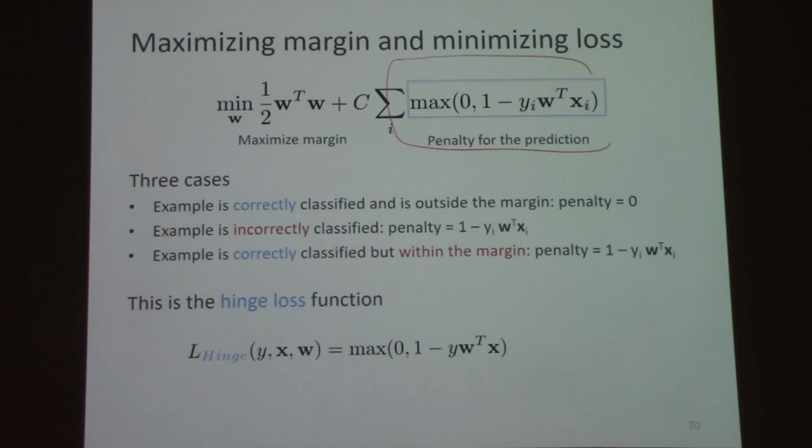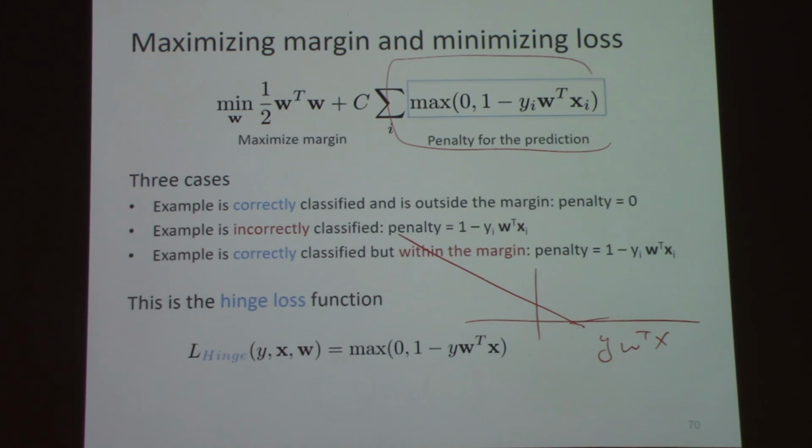It's probably maybe your first loss function that you've seen in the class so far. It's a loss function that you want to minimize. Actually, it's a second loss function because you've already seen the squared loss when we were talking about least squares regression. This is called the hinge loss function, because if you plot it as a function of y w transpose x, it looks like a hinge.